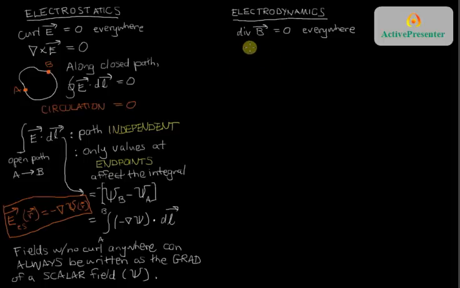So the mathematical expression that div B is everywhere 0, which is a Maxwell law, which is always true, not just when things are static, is that del dot B equals 0 everywhere.